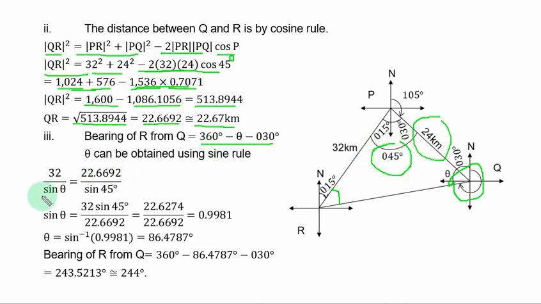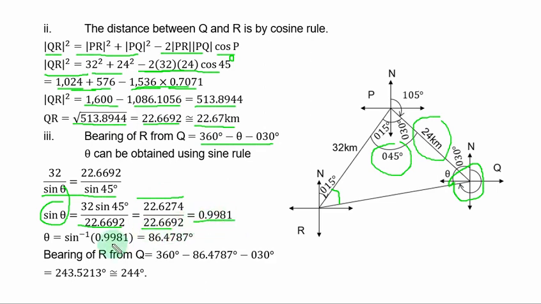So you state the sine rule. 32 over sine theta equals QR, that is 22.6692 over sine 45 degrees. You make sine theta the subject, you have this result. If you multiply 32 by sine 45, you have this result. Divide by the denominator, which gives this.